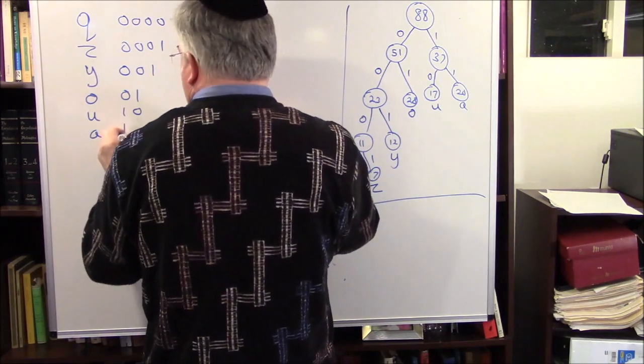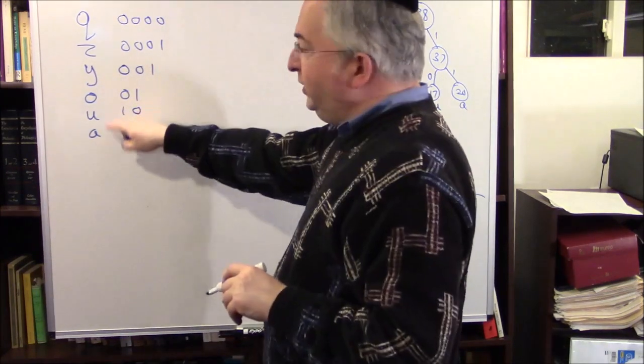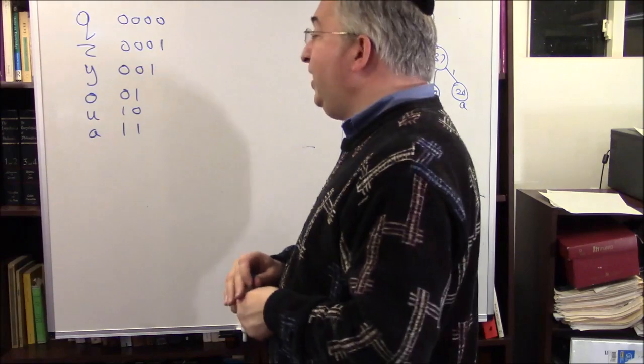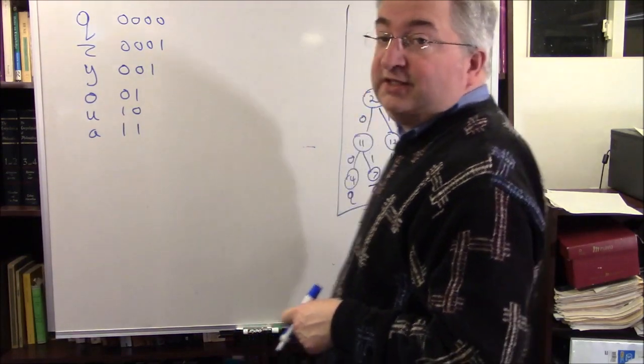Again, the U and the A show up the most often, and they only have 2 bits to get them.